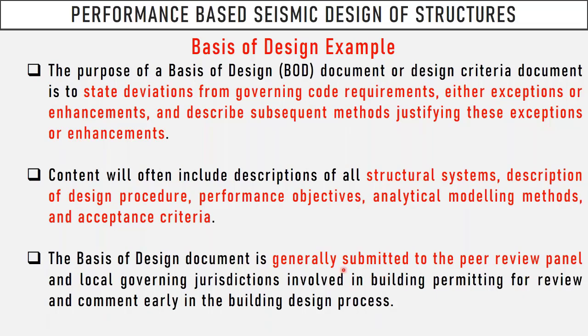Because you make a design, you make some calculations, and the peer review panel says it is not acceptable. You go back and forth. But once you define everything in the beginning and ask them for their verification or approval, then you go faster, more confident, and efficient.